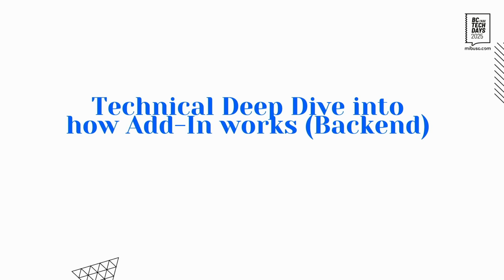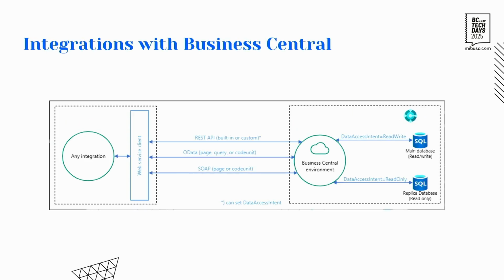All right. So now I'm going to talk a little bit about the backend functionality, how the OData web services are supporting this functionality in total. So starting from the start, these are the integrations that Business Central supports. Any integration that we want to have with Business Central can be supported with these three technologies.